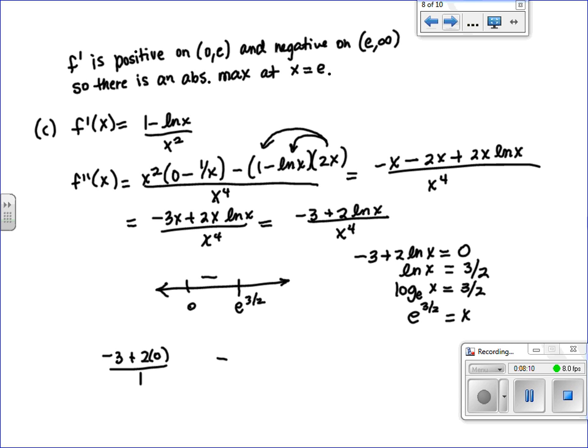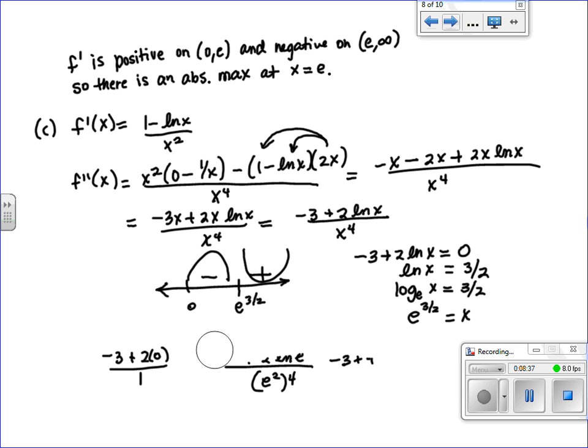So negative 3 plus 2 natural log of e squared, all over e squared to the 4th. Natural log of e squared, the 2 goes to the front and becomes 4. Natural log of e is 1. You have positive on top, positive on bottom, so it's positive. So it's concave down and concave up.